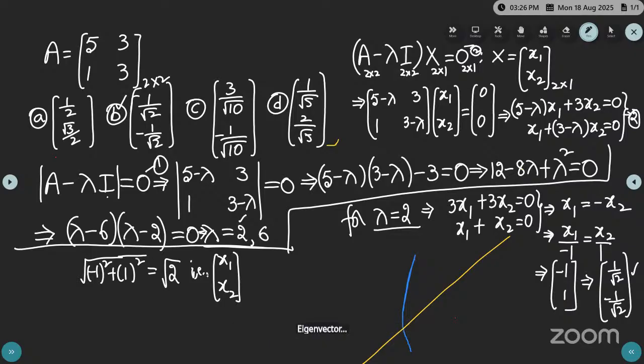For the eigenvector x1, x2, it is x1 by root of x1 square plus x2 square, next, x2 by root of x1 square plus x2 square.